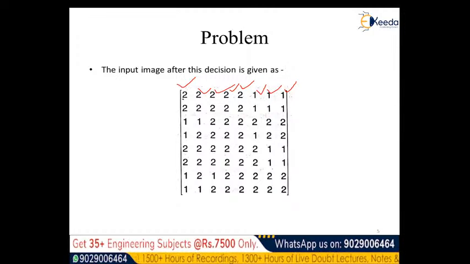This is all with respect to the two rules that I showed on the previous slide. In the next row as well, there is 2 five times and 1 three times. In the third row we have initially 1 two times, then the rest of the 6 entries are 2. So 2 represents a certain region and 1 represents a certain region.